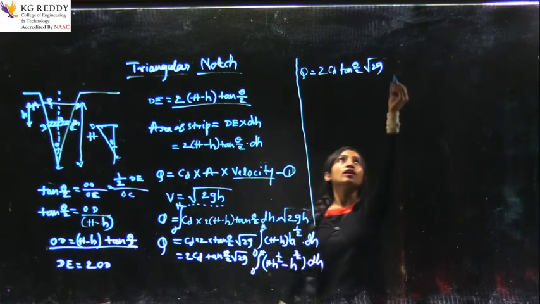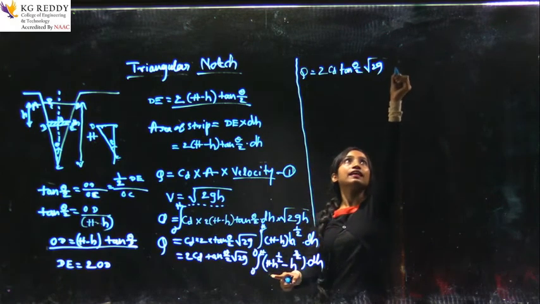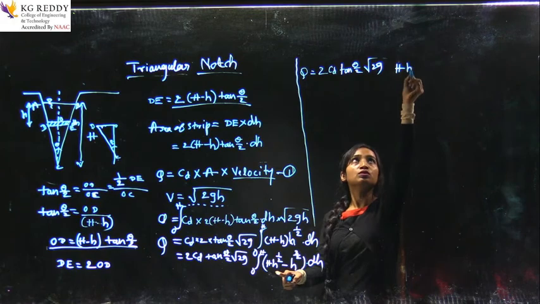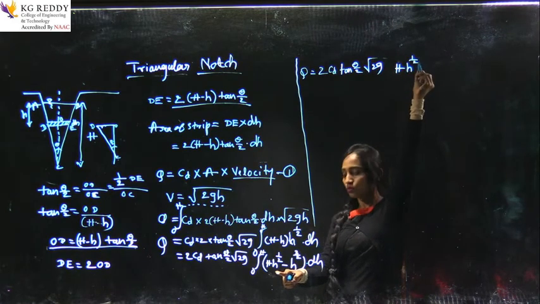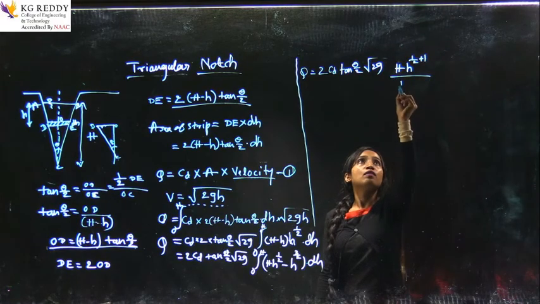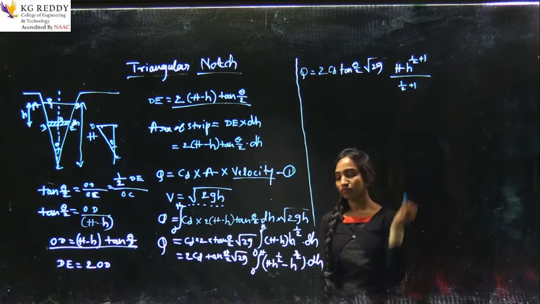So, now I will write the H term: h raised to 1 by 2 plus 1 divided by 1 by 2 plus 1.